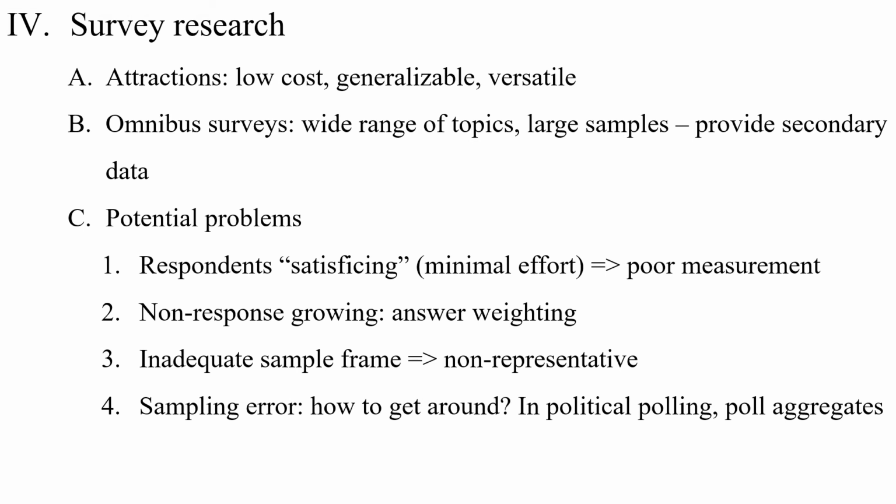All right, and just plain old sampling error. How do you get around that? Well, all three of these things can produce sampling error. How do you get around it? In political polling, they've recently taken to poll aggregating, which means Quinnipiac will do a poll, and Rasmussen will do a poll, and Real Clear Politics will do a poll, and other polling firms will do a poll. And you look at this. So Biden is beating Trump right now, or Trump is beating Biden, or whoever is beating whoever.